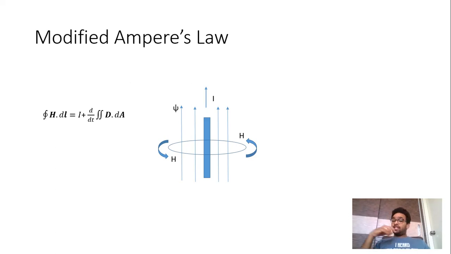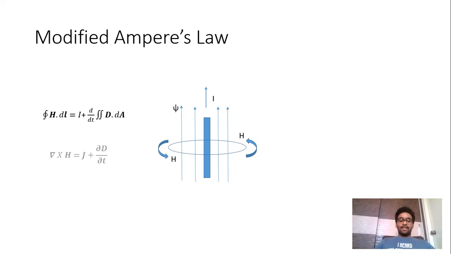Because if it is not there, then the capacitor wouldn't have shown the deflection in the magnetic needle. So that means you have to consider both the conducted current and the change in electric flux. Maxwell called this the displacement current.